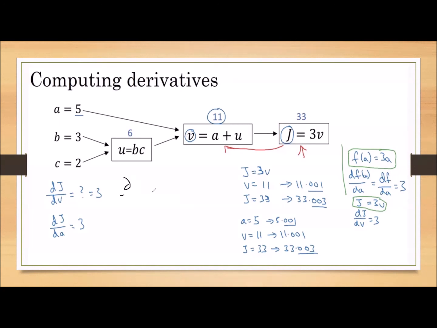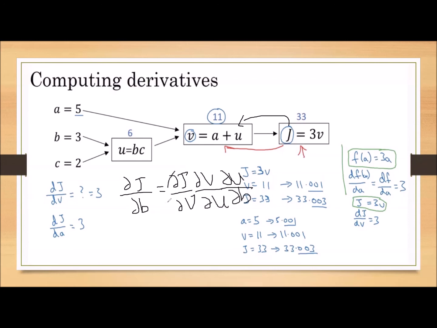We will take another example. Now I want dou j by dou b. To calculate it, first I calculate dou j by dou v, then dou v by dou u, and then dou u by dou b.